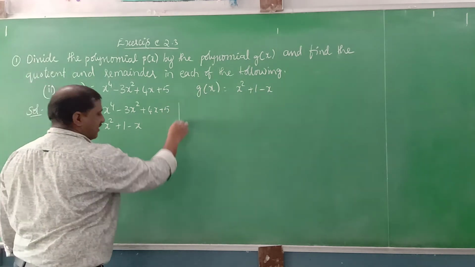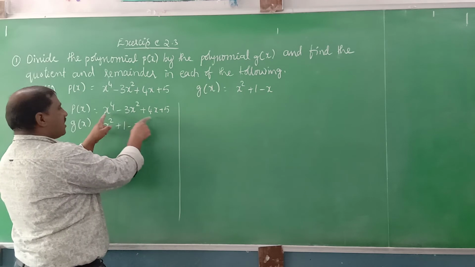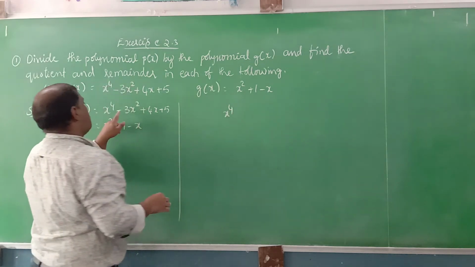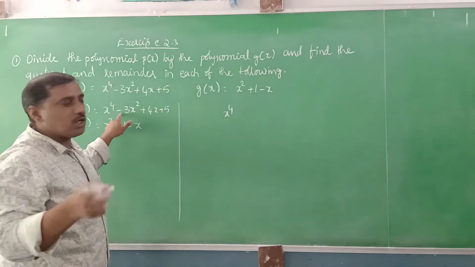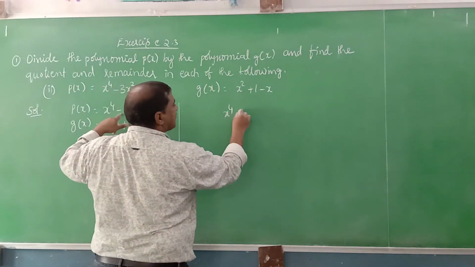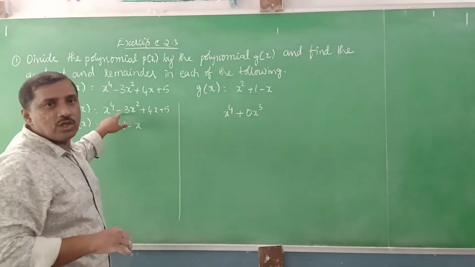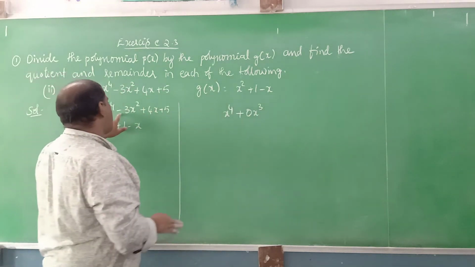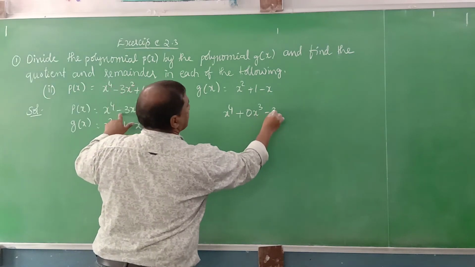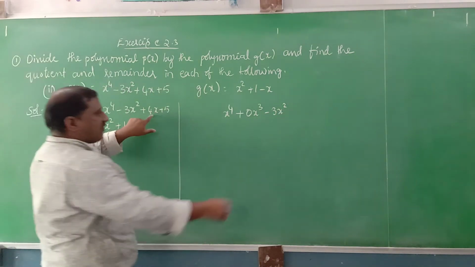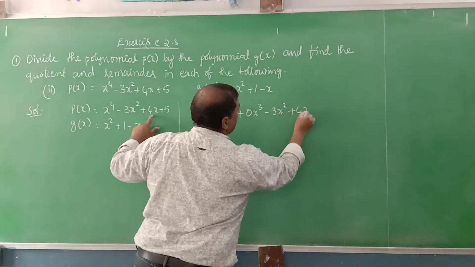So now we need to divide. This dividend is x to the power of 4 minus 3x square. Here the x cube term is not there, so write this as 0 x cube, or simply 0 you can write. Then minus 3x square plus 4x plus 5.